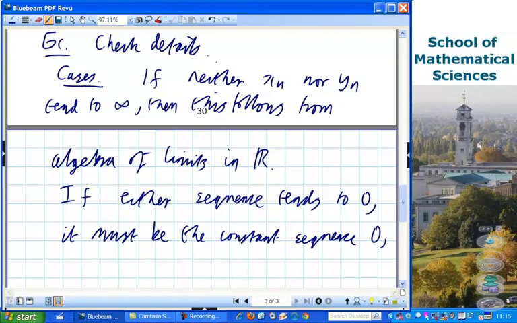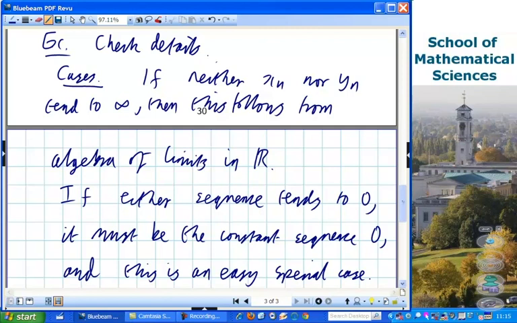And then that's an easy special case. The remaining cases are where neither of them is constantly 0, so they both leave 0 eventually and never get back anywhere near 0, and at least one of them tends to infinity.